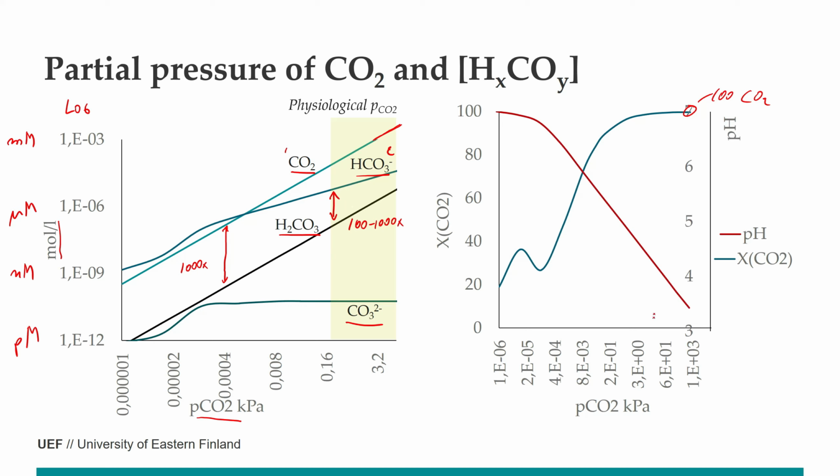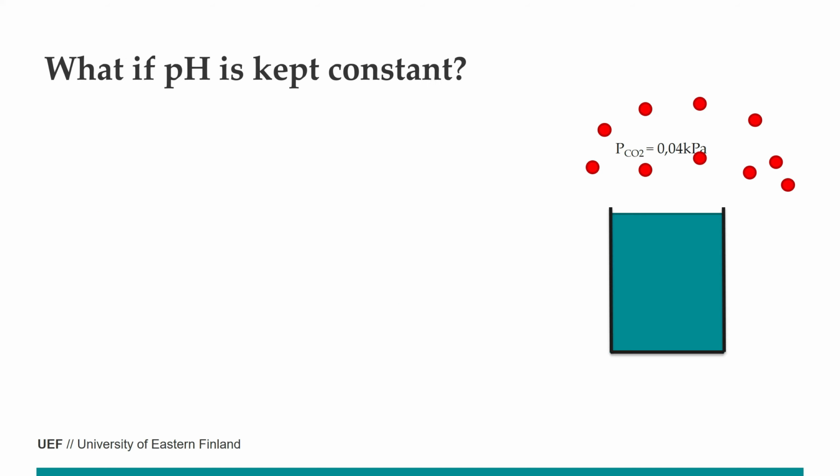And this is the physiological range. So you can see that at high partial pressure of carbon dioxide, you will have lower pH if you are not doing anything about it.